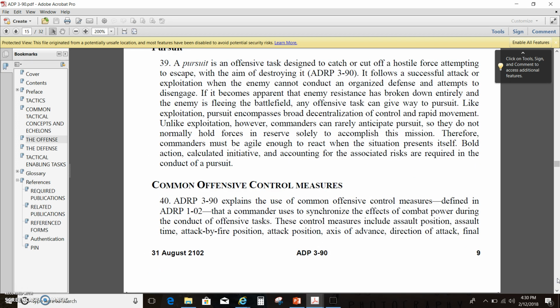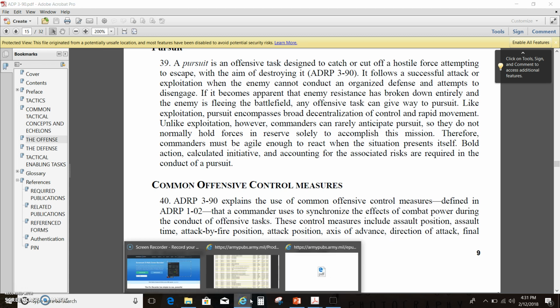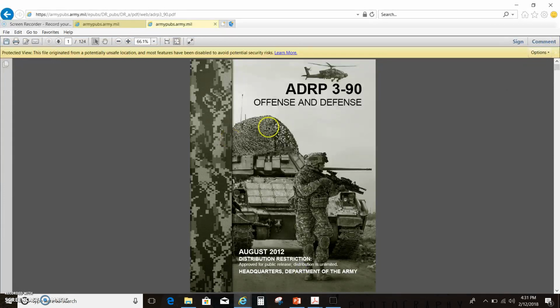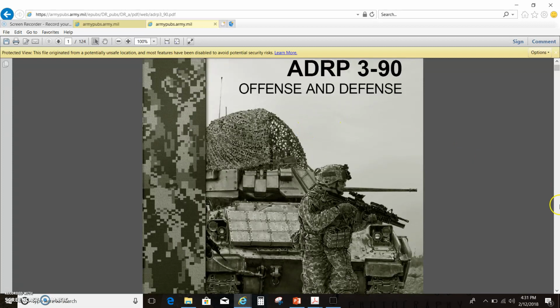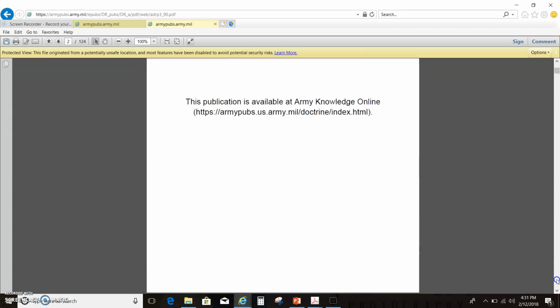Last week we also talked about how the ADPs are kind of like the Cliff Notes version of the doctrine, and then the ADRPs take it a step further and explain the concepts even more.